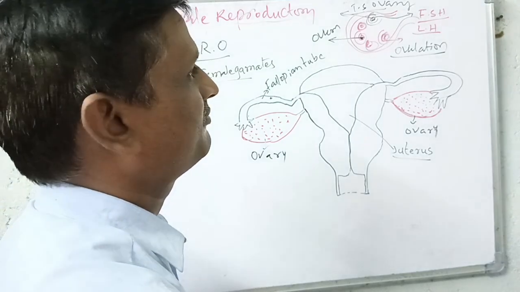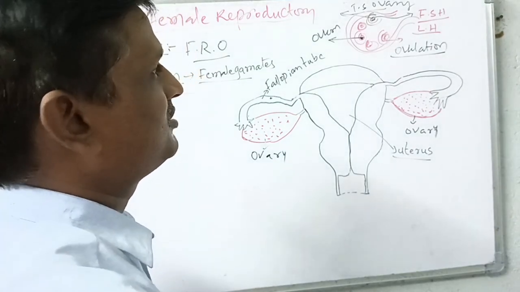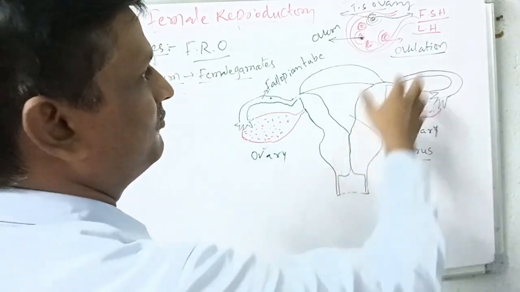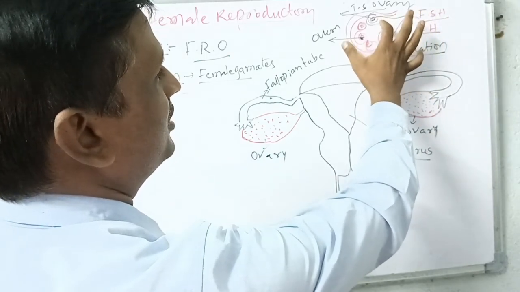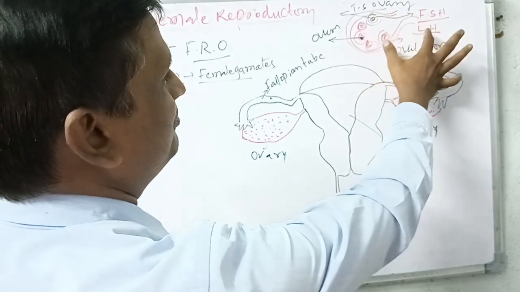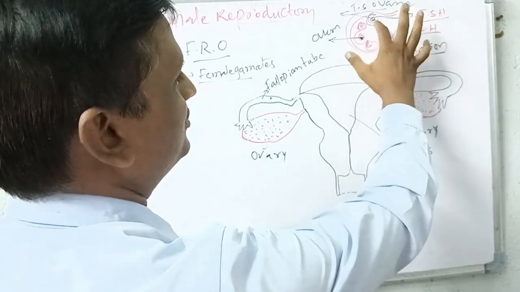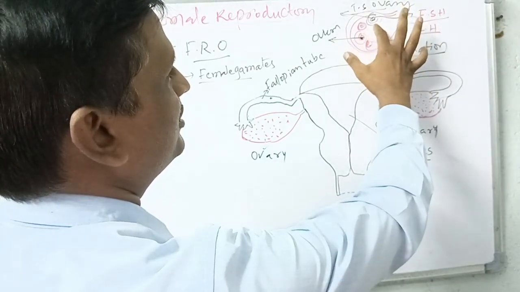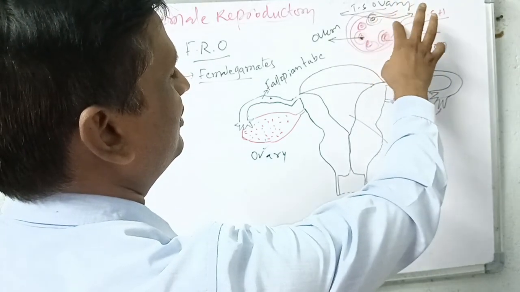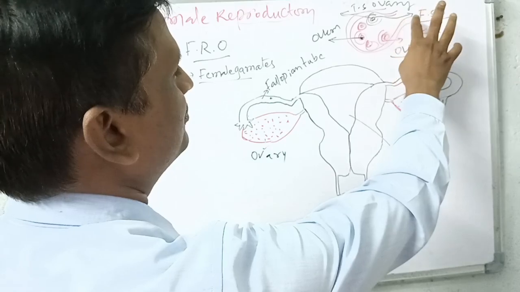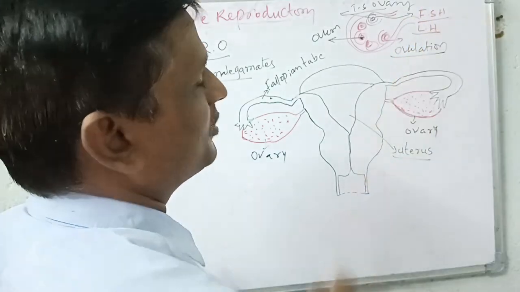These two hormones are coming from the pituitary gland, which is present below the cerebrum. The follicle stimulating hormone stimulates the development of the Graafian follicle and development of the ovum. At the same time, the luteinizing hormone can rupture the Graafian follicle. When the ovum is completely developed, luteinizing hormone ruptures the Graafian follicle and causes the release of the ovum from the ovary. That process is called ovulation.